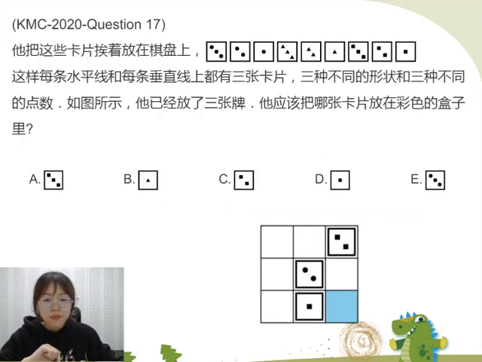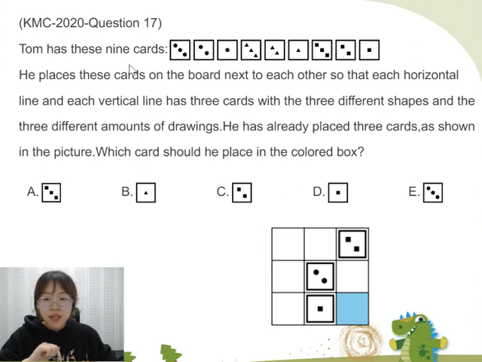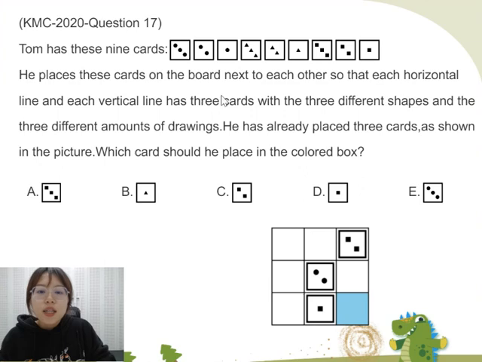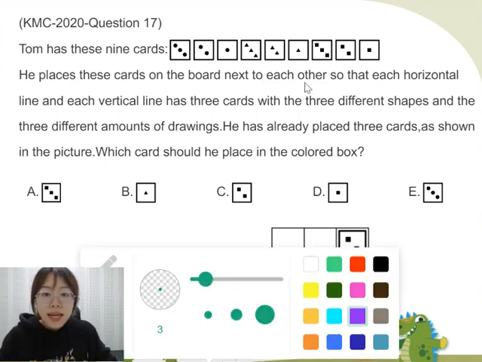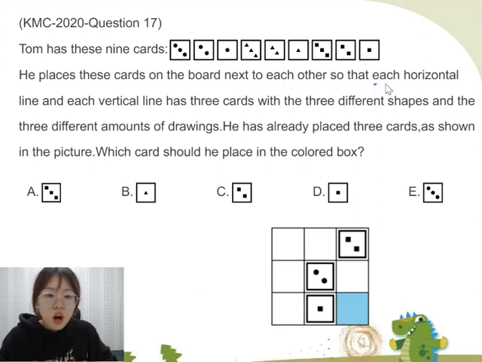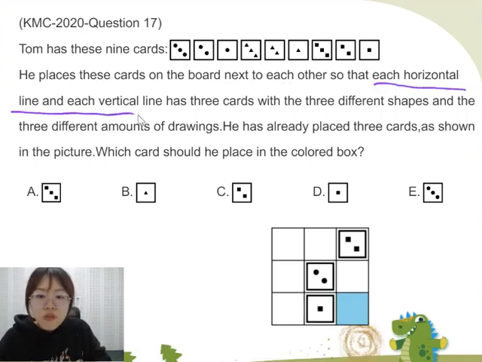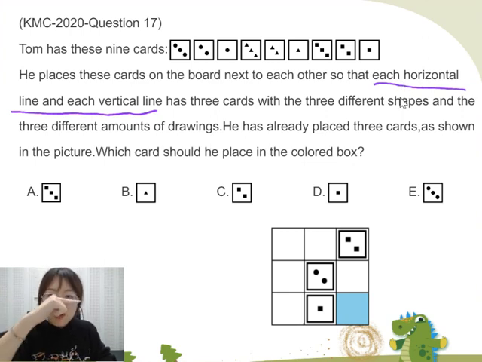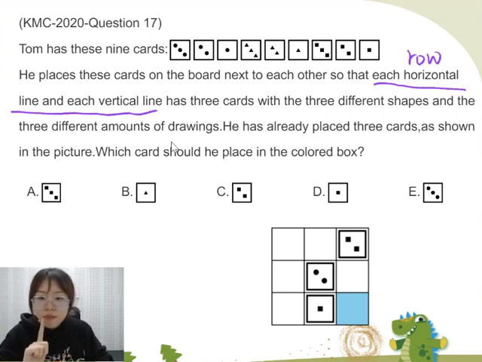Okay, let's see the last one. Tom has these 9 cards. He places these cards on the board next to each other so that each horizontal line and each vertical line has 3 cards with 3 different shapes and different amounts of drawings.